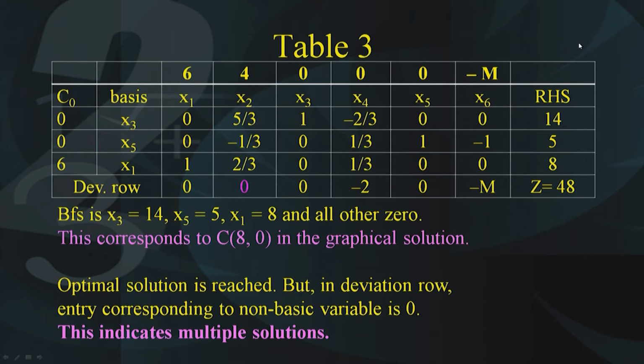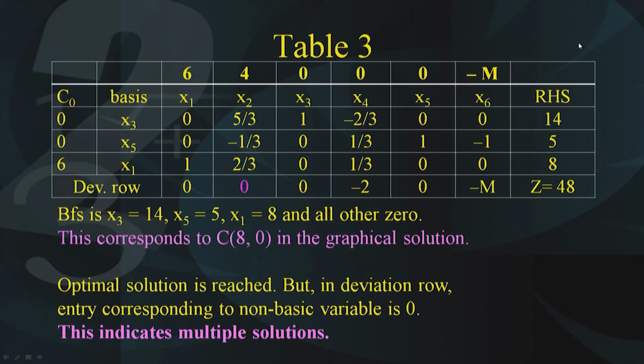The criterion to note is that if in the deviation rows any entry corresponding to a non-basic variable is 0, then that indicates a case of multiple solutions.